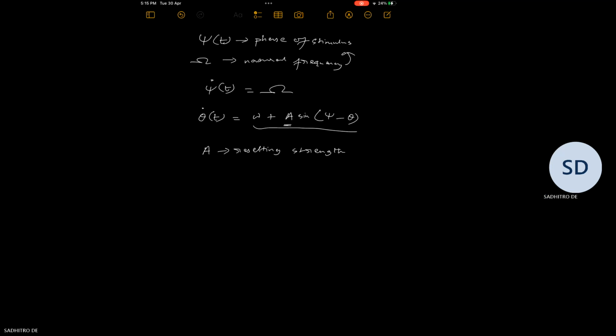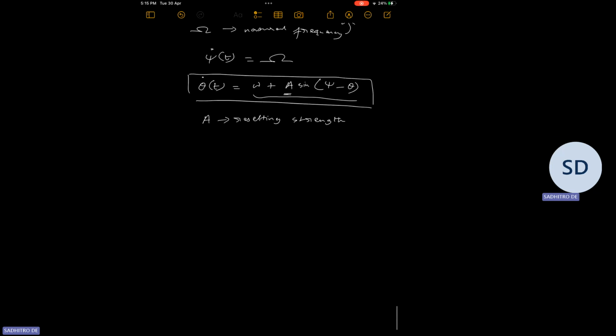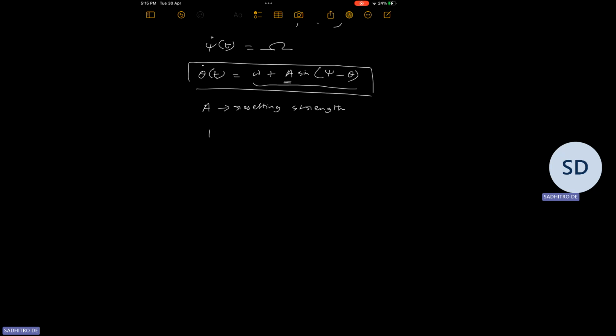Okay, so now let us analyze this dynamical model. We are trying to see whether the firefly can synchronize with the stimulus or not. To measure this kind of synchronization, which in common literature is also called phase synchronization, there can be different kinds of synchronization.